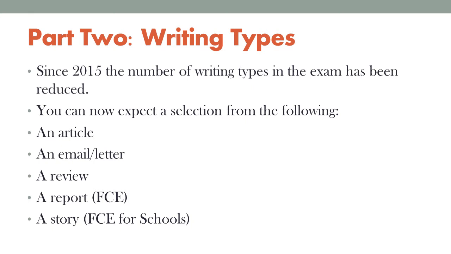Now a quick mention at this stage of the difference. Really, there's no difference between FCE and FCE for schools. The certificate that you get if you pass will just say FCE. It won't say for schools or anything like that. So really the difference is just in terms of the content of the exam, the topics that it talks about.